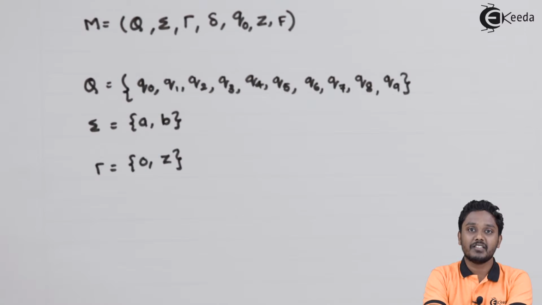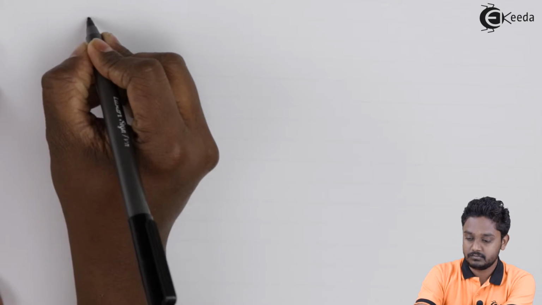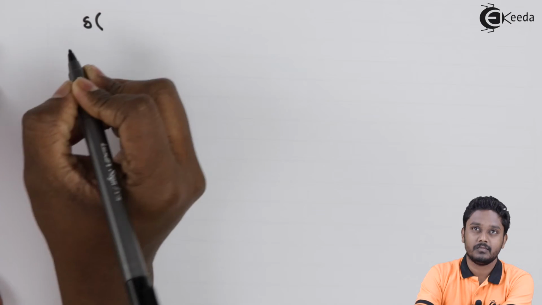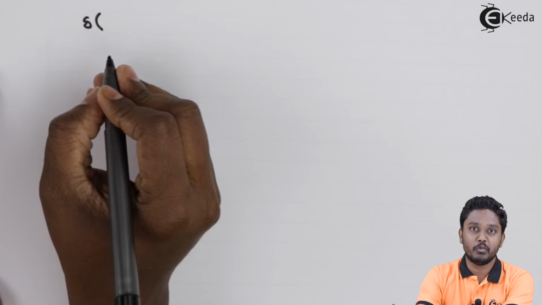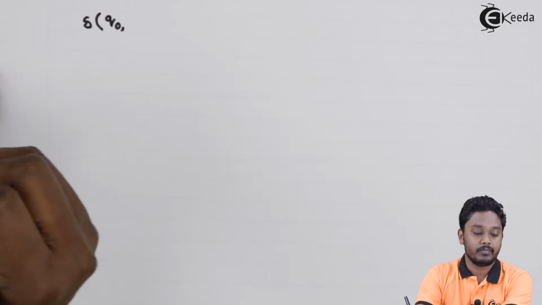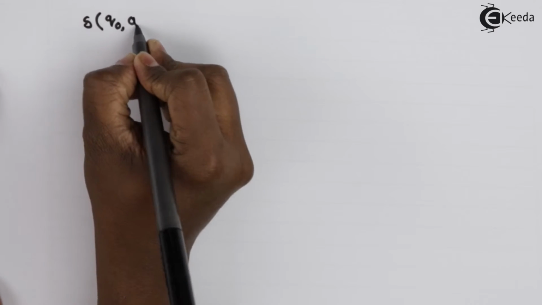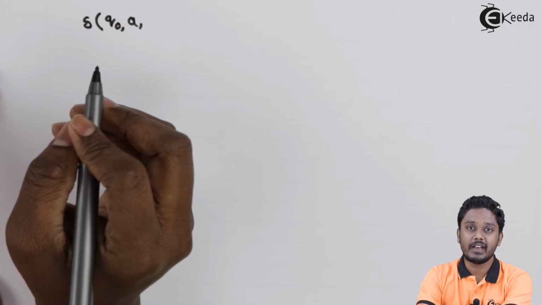Now we need to write the transition delta. Delta from Q0 state on the input A with Z as the top of the stack.